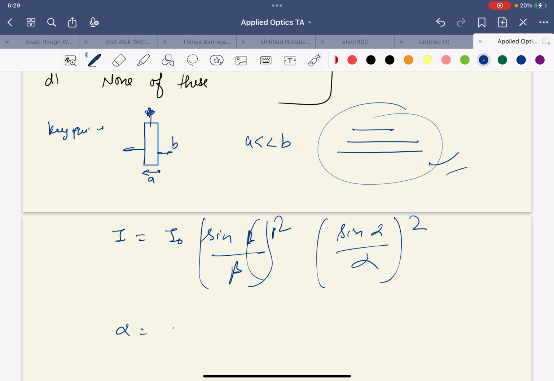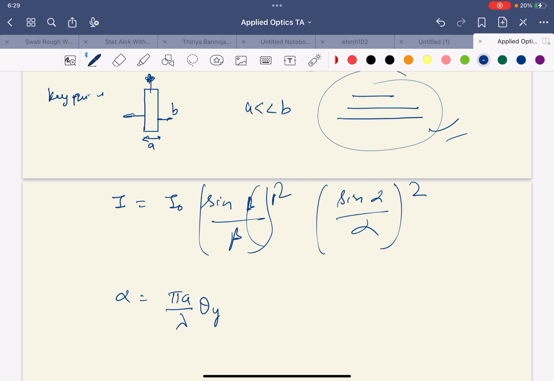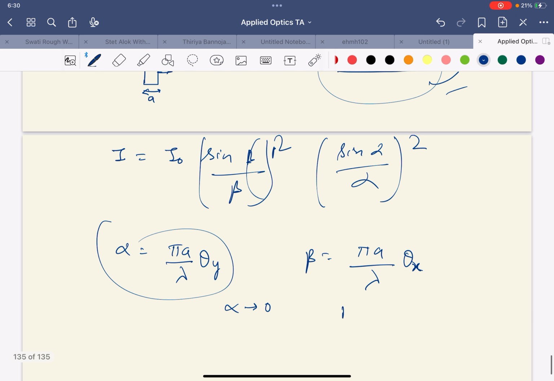Here alpha is pi a by lambda into theta y, and beta is pi a by lambda into theta x. If a is very small, alpha tends to 0 compared to beta, so this term goes to 1 and it will be I naught sine beta upon beta squared.